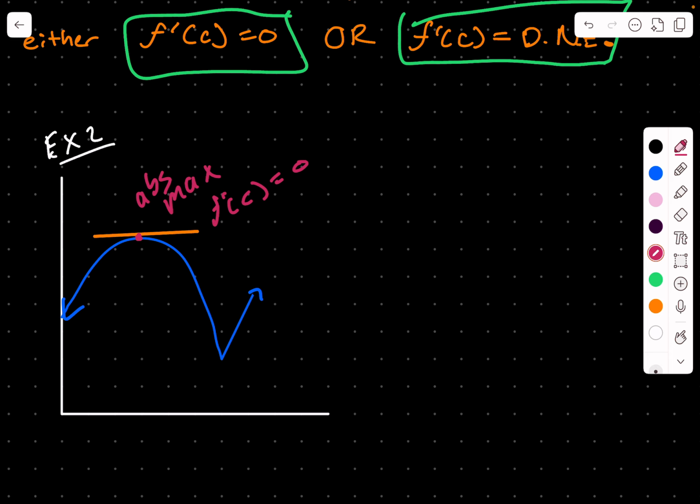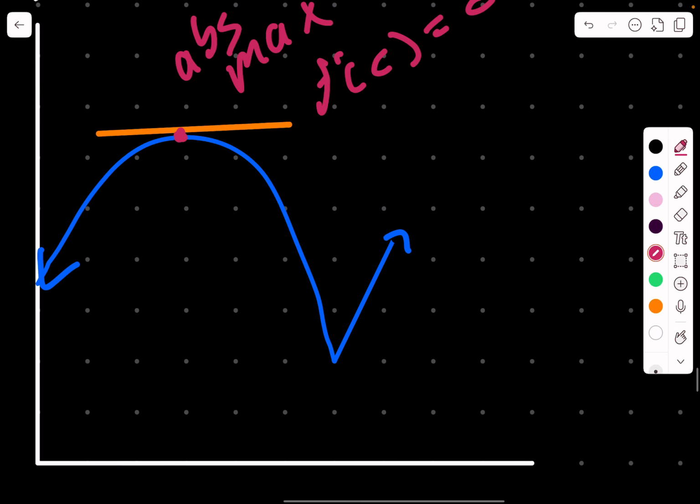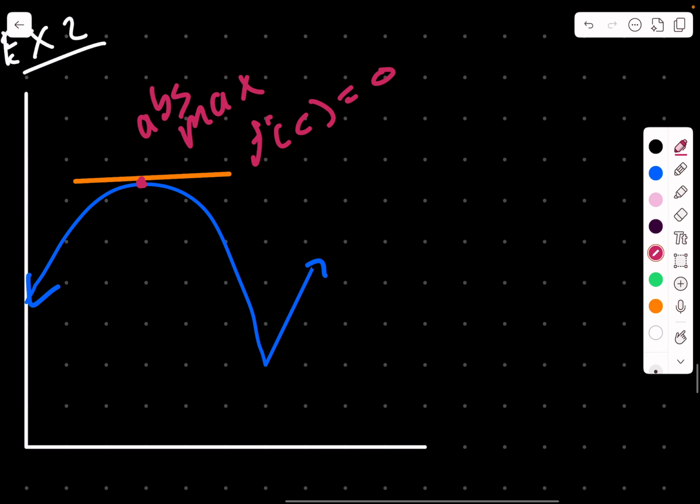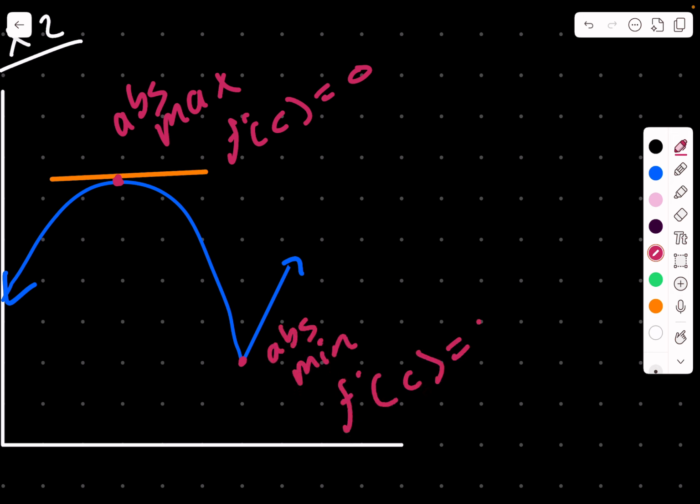Well, technically you can, but you're going to make a bunch. You can't make one unique horizontal tangent line. Also, is it a sharp turning point? Is it a cusp almost? And yes, it's very sharp. So therefore, at this critical point, which is our absolute minimum, f prime of c does not exist.